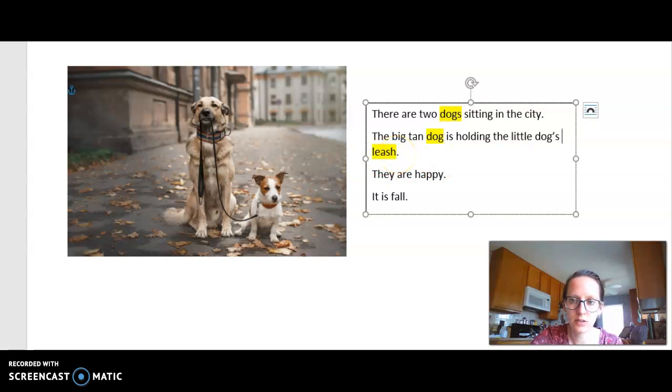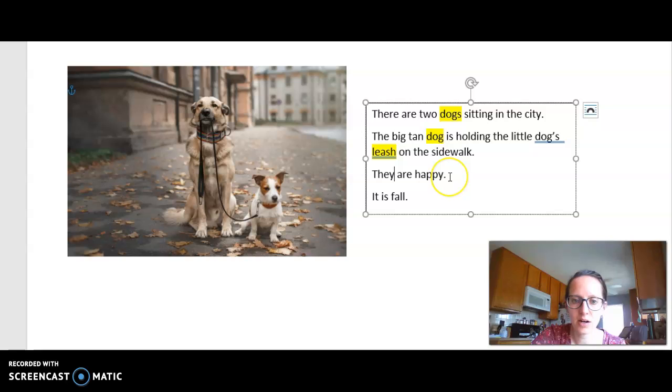Oops, it's already in there. The big tan dog is holding the little dog's leash. Does that make sense? Yeah. And if you wanted to include a place, you could say holding the little dog's leash on the sidewalk. So that's a place you could add, but we don't have to put a place every time.